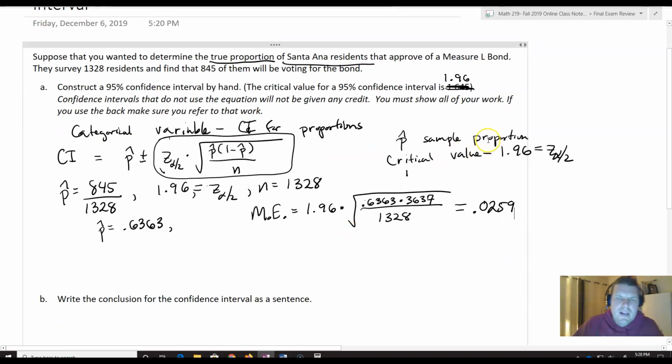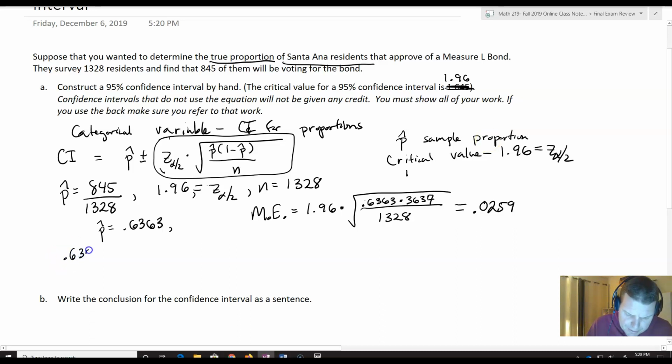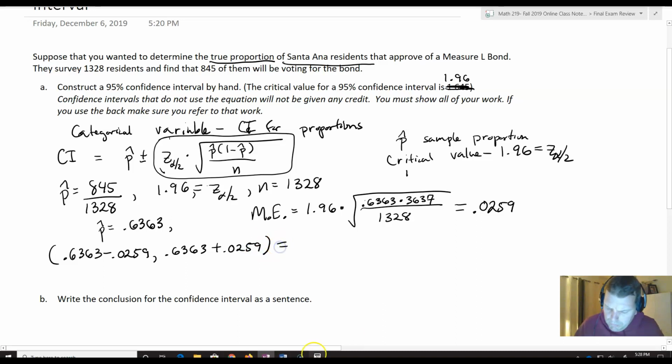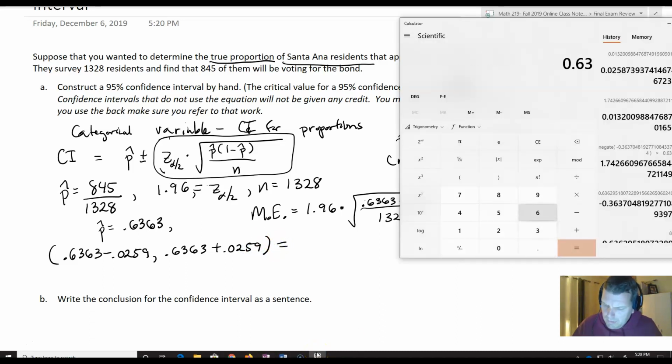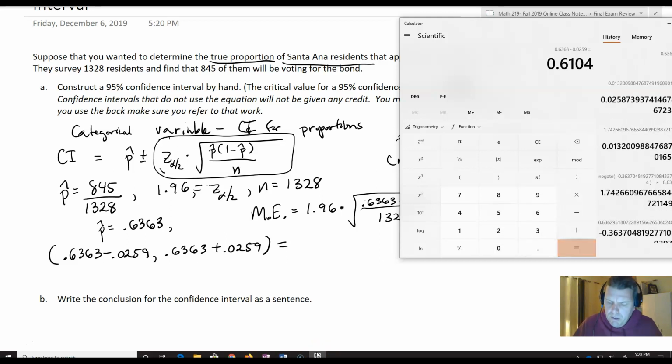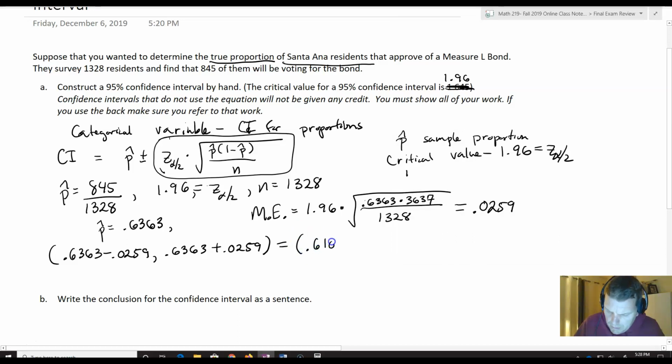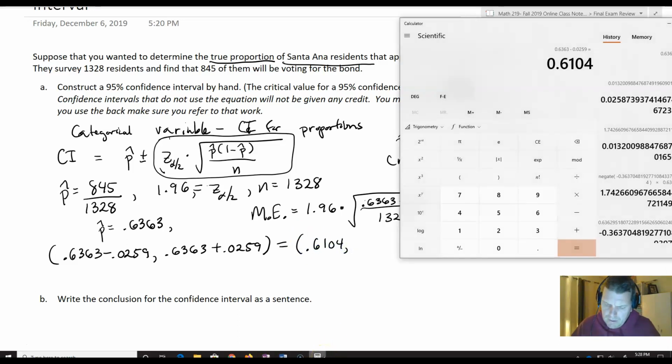Then what I'm going to do is add and subtract that to p hat. So we're going to have 0.6363 minus 0.0259, comma, 0.6363 plus 0.0259.